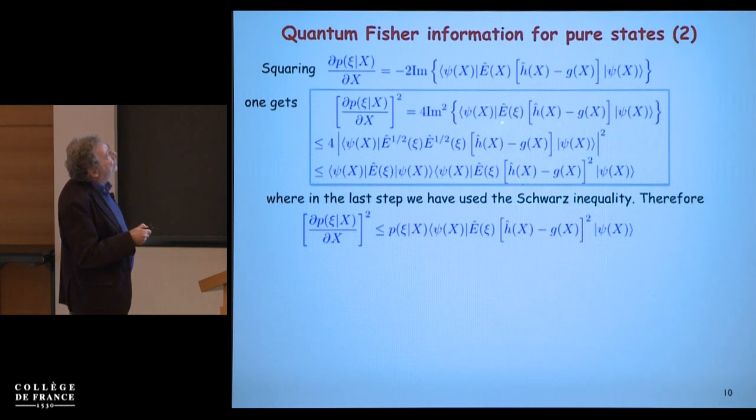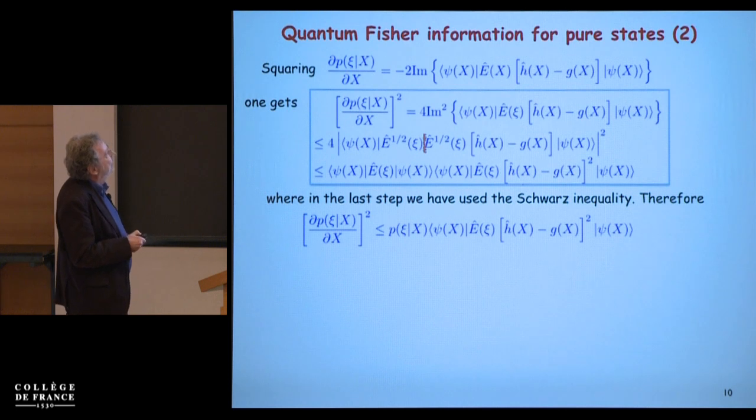And now we just write this positive semi-definite operator as the product of its square root by the square root. And we notice here that we can apply Schwarz inequality just by separating this part from this one. So this will be smaller or equal than the average of the square of this operator times the average of the square of this whole thing here.